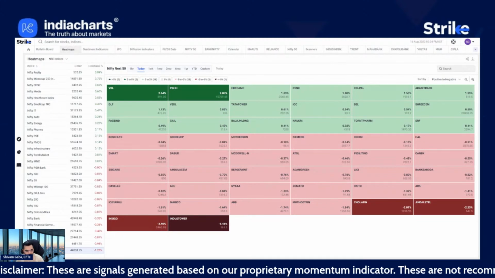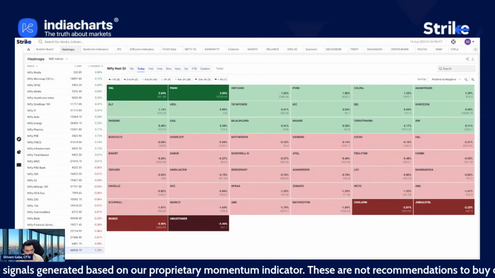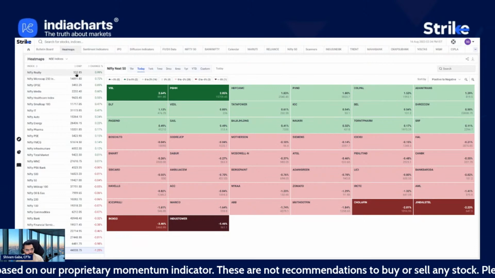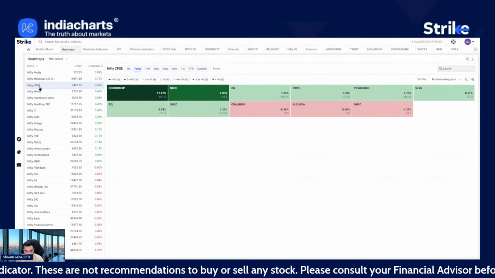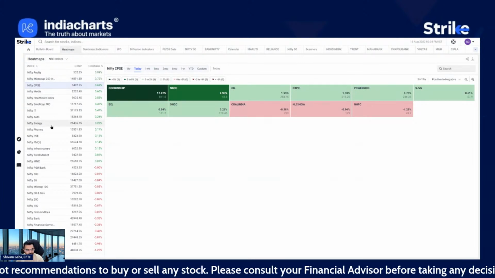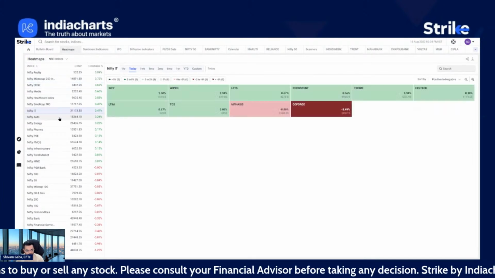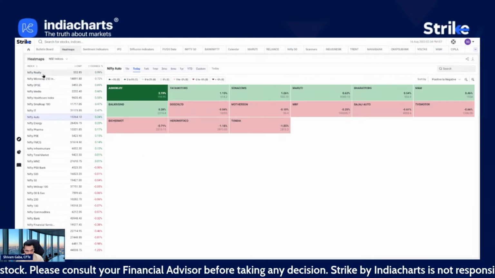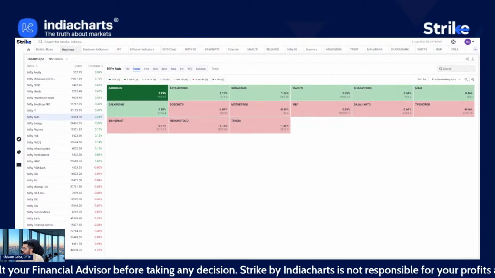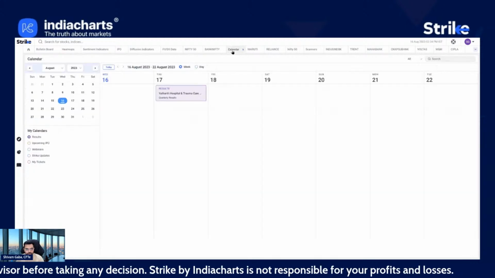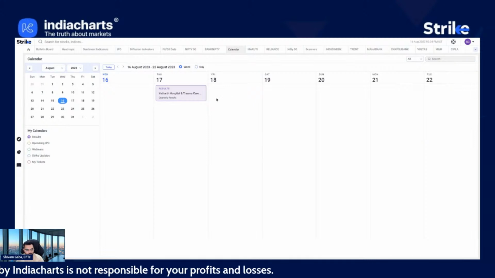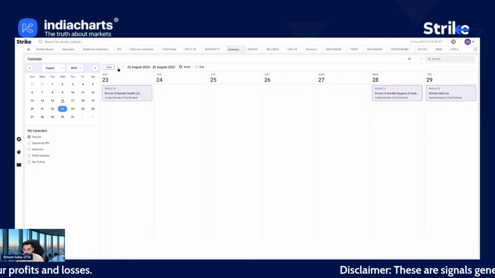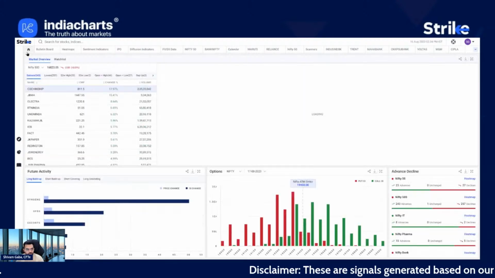So action is quite subdued in the large caps, but in the small caps, you can see the microcap index is second. The PSE index, which is public sector enterprises, is third. Even IT and auto are positive. In terms of upcoming earnings, the earnings season is almost over, so there are not many results coming in the next few days. It's mostly empty.